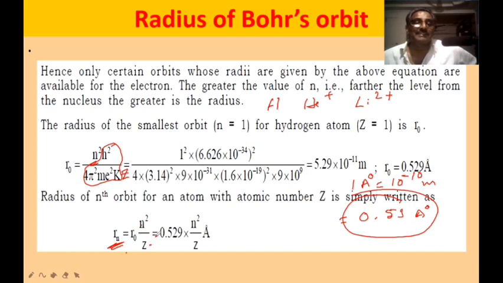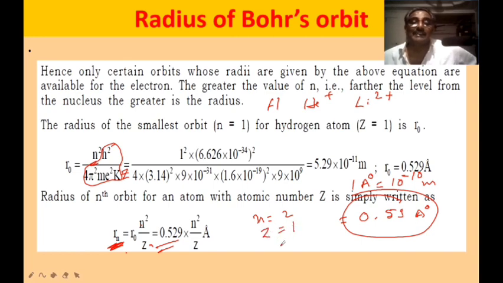So in general, Rn is equal to R0 into n square by Z, where R0 is equal to 0.529 n square by Z. If you want the radius of the second orbit for the hydrogen atom, we need to take n is equal to 2 in this equation and Z is equal to 1 for the hydrogen atom.